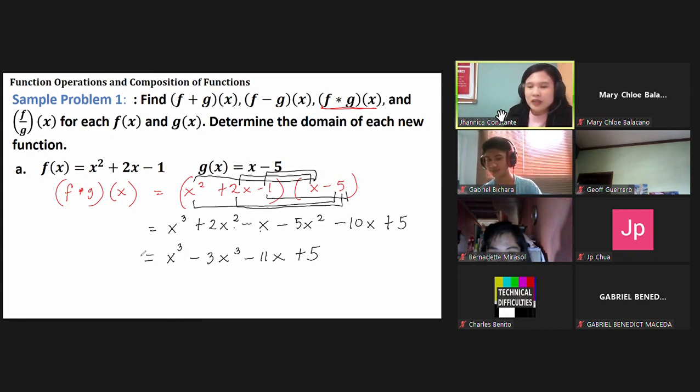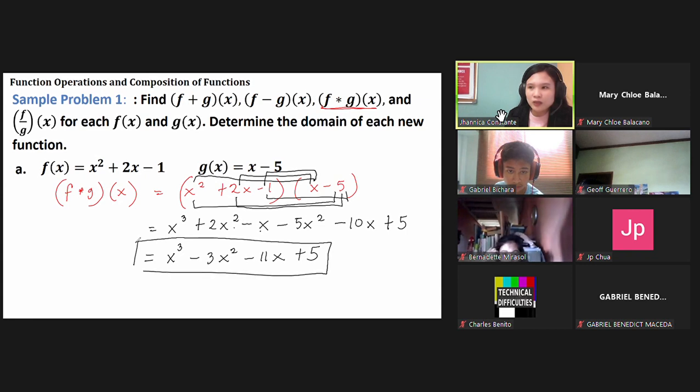So the product of the two functions f of x and g of x will be x cubed minus 3x squared minus 11x plus 5. That is the product once we multiply the two functions.